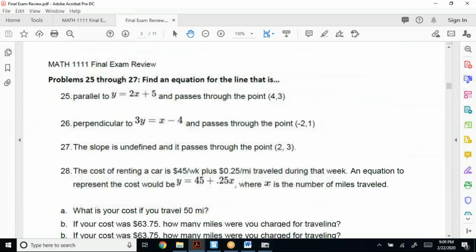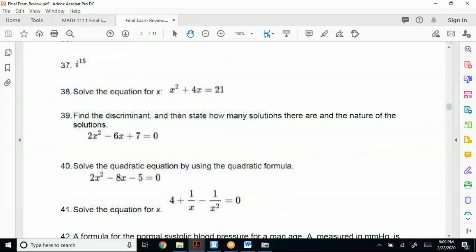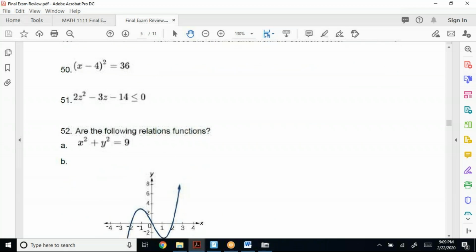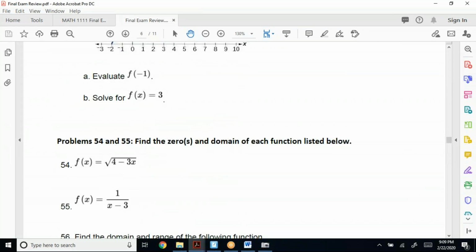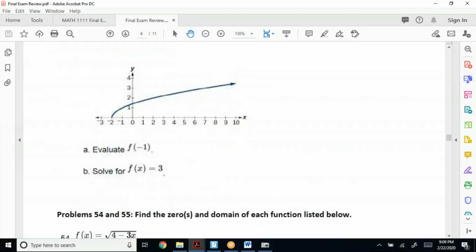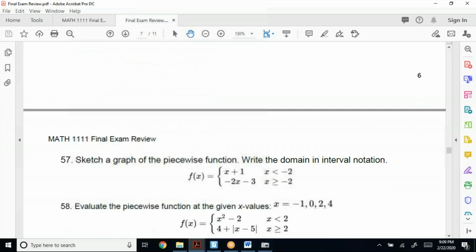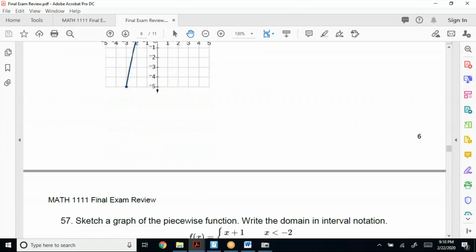Yeah, I keep going. 49 is a really good one. 50's a really good one. I'd make sure I could do that. 53, that function notation from a graph, that's a really good one. Of course, I said 54. Domain and range, like 56, from a graph. You have to do that, and you've got absolute value or a quadratic, stuff like that.